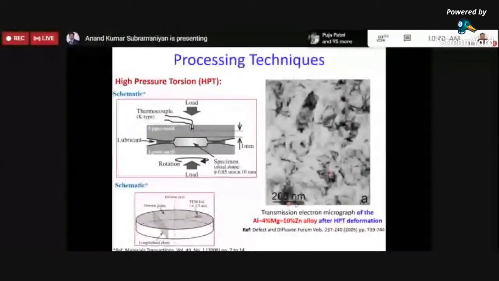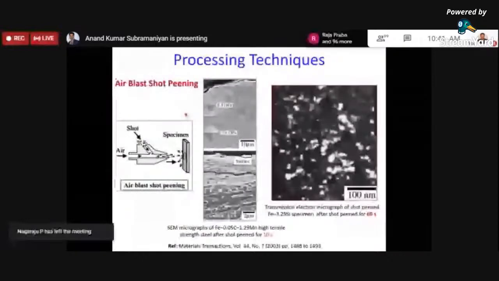Essentially, the surface of the material is transformed from a coarse-grained state to a nanocrystalline state, right. So this is one of the techniques people employ to generate nanostructured surface material synthesis.